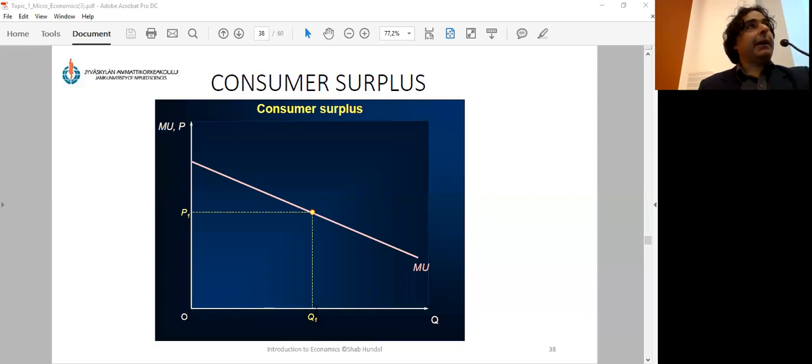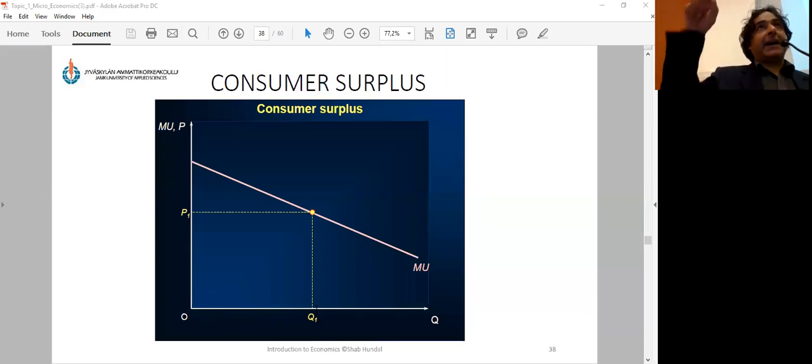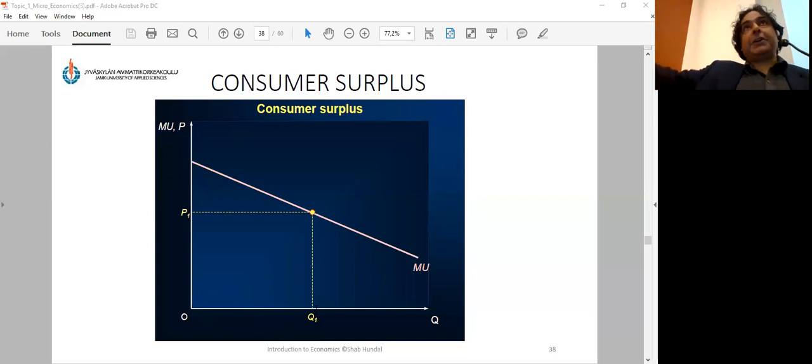So if I have a geometrical picture, the total amount of value, which means price multiplied by the quantity, which you are willing to spend, is here, here, and down the line here, this much.